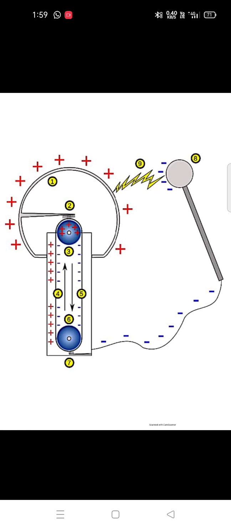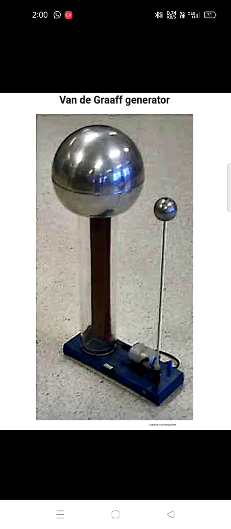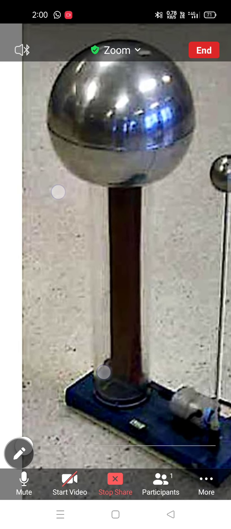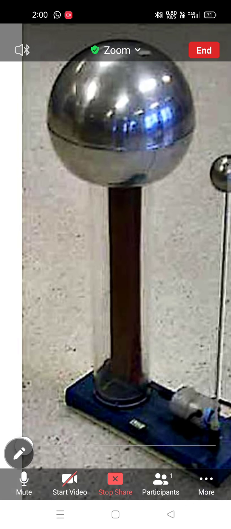Here in the Van de Graaff we also see another small sphere given with this ball. So what is the use of this? Why are we giving it? You can see that it is a glass tube, and this metal sphere is collecting negative charge.